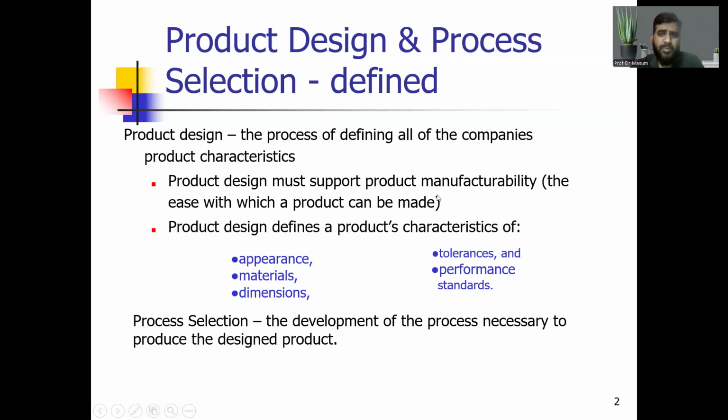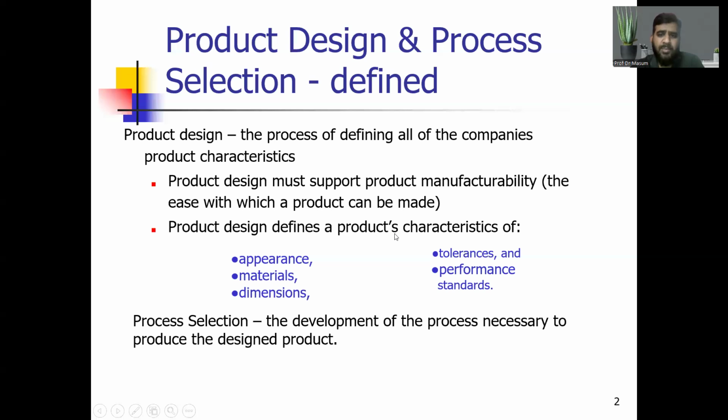Product design must support product manufacturability. This is very important. If you design a product, it must be capable of being manufactured in your company. That is known as manufacturability, or the ease with which a product can be made. So if the product is not manufacturable, the design is imperfect.